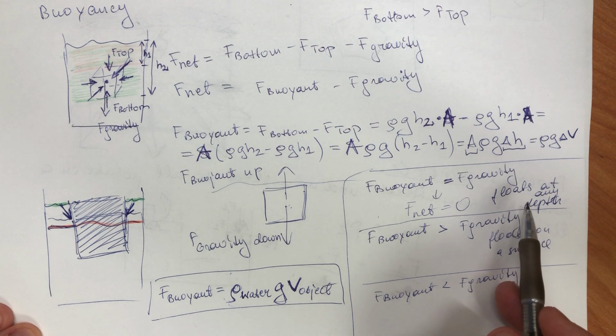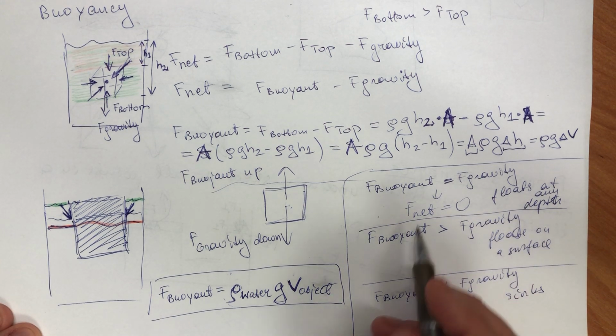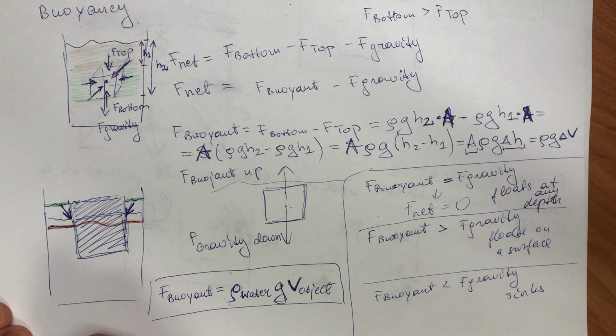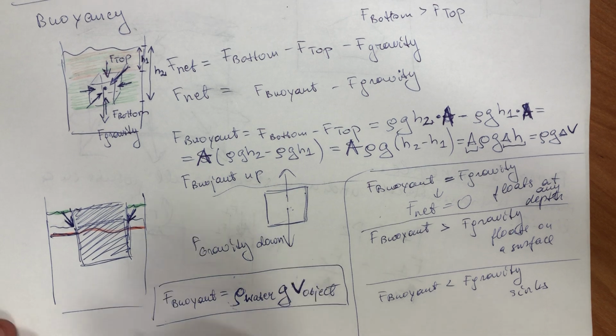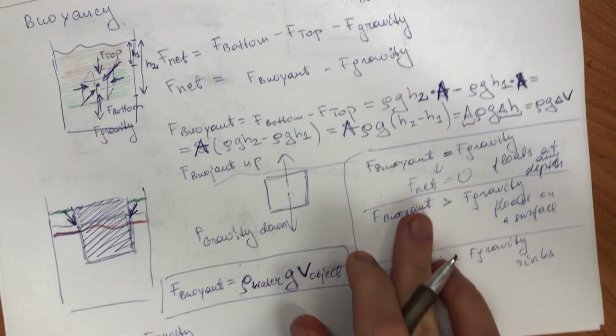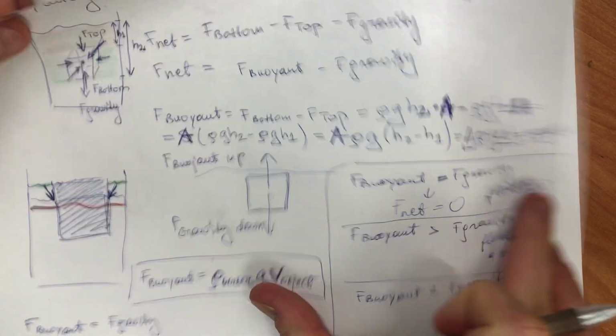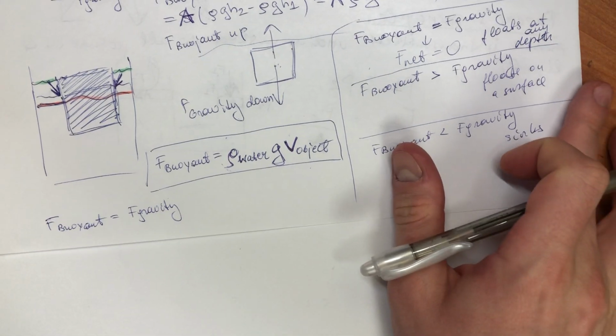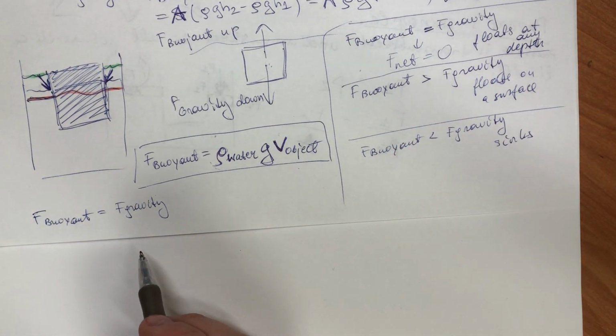So now we can write that this F buoyant force is equal to F gravity. What is happening here is that this buoyant force is equal to the gravity force.